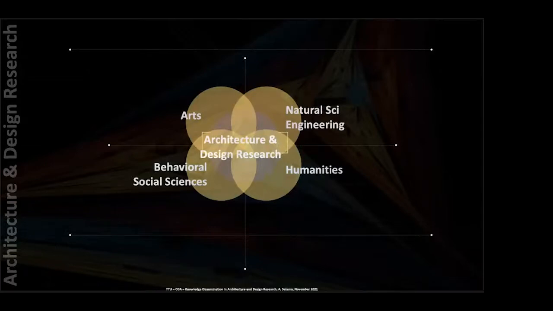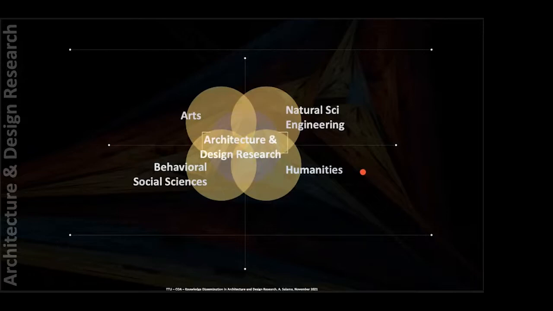And this is a challenge really for architects, urban designers, and design researchers, seeing the development of design research as a discipline and its associated professions in order to integrate different types of knowledge required for addressing some of the preceding challenges.